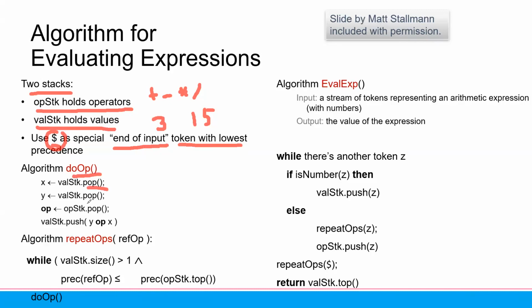I would like to do pop. x will be popped, and then y will be popped, and then op will also be popped. You can see the x will be popped from the value stack, the y will be popped from the value stack, and then the operator will be popped from the op stack.